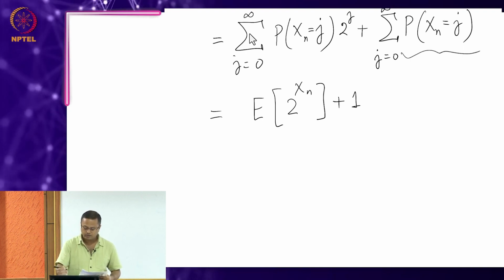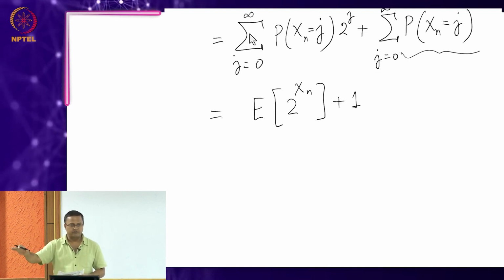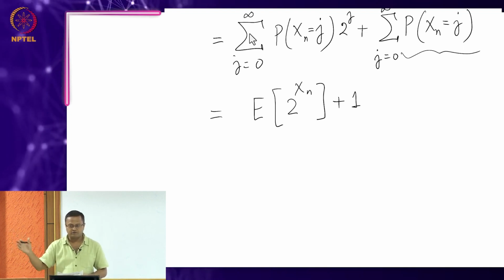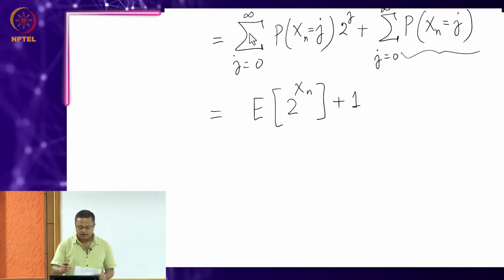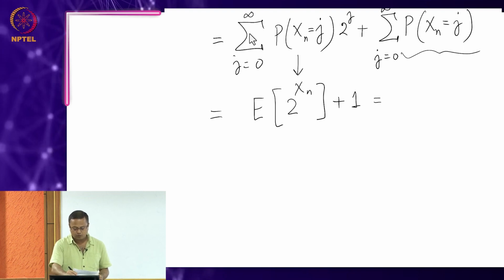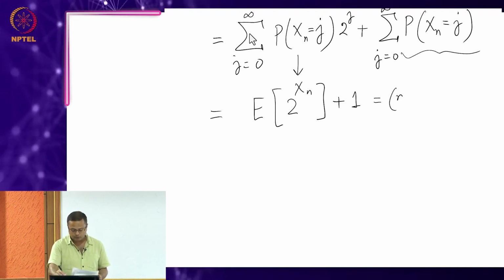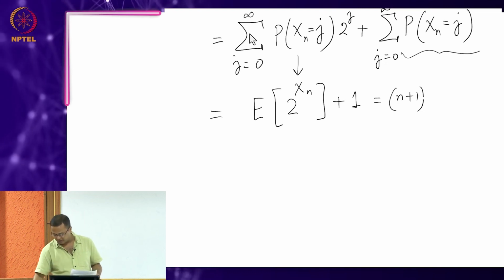So, this should be 1. It is just the sum of the probabilities taken over all possible values of j. So, that should sum to 1, and this is by the induction hypothesis. What is the expectation of 2 to the power of x_n? That is n plus 1, right. That is my induction hypothesis.